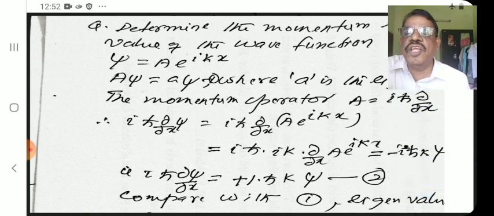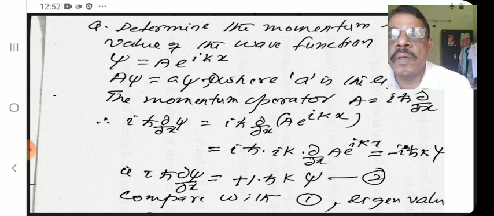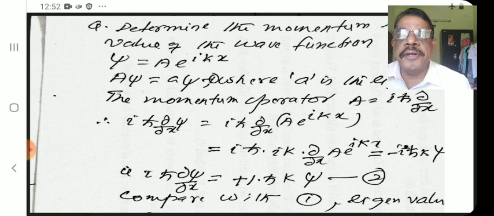So the above eigenvalue equation, A psi equal to small a psi, we write I h cut dou by dou x psi. We give the value of psi, a e raised to ikx. When we differentiate an exponential term, ik is taken out and the function is repeated.